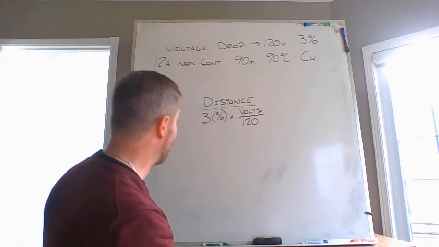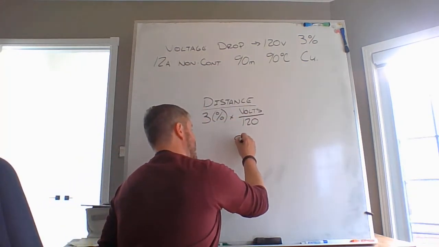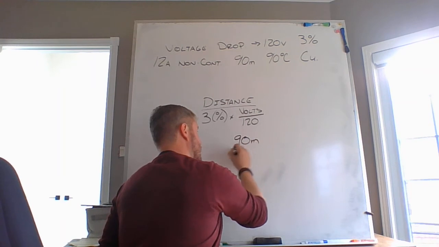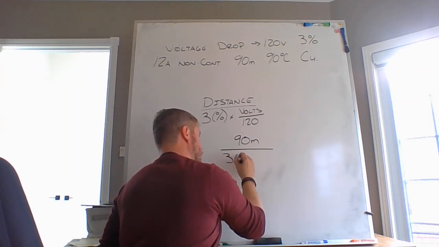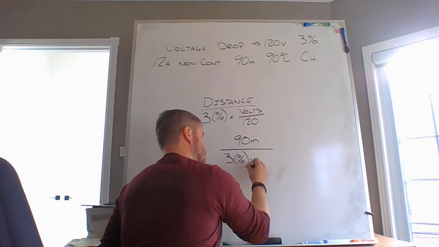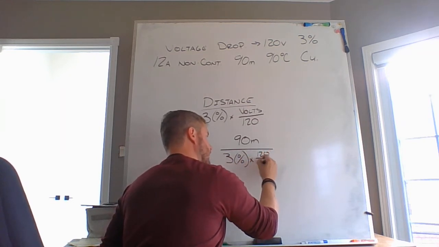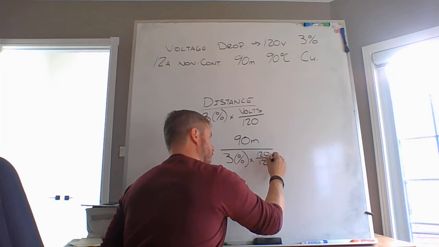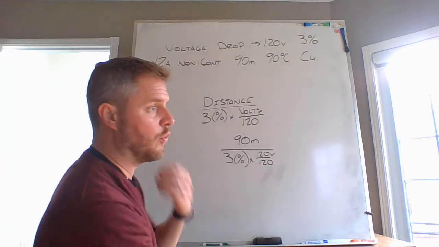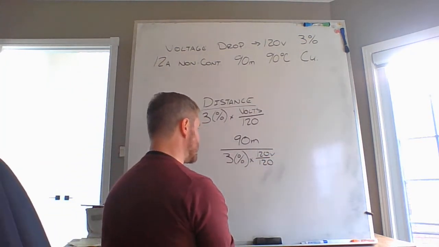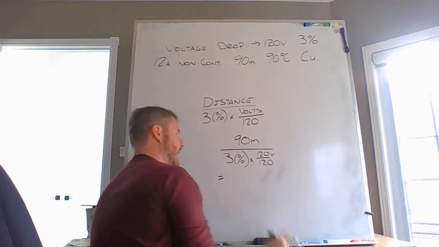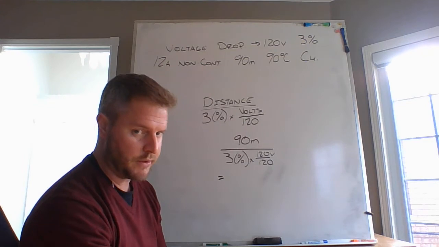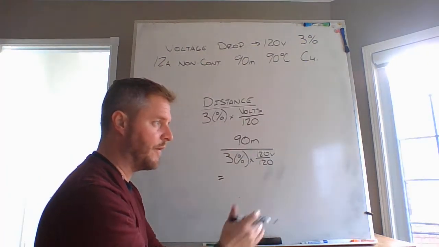So at that point in time, I'm looking at 90 meters divided by 3 expressed as a whole number representing the percentage, times 120 volts divided by my nominal 120. Realistically, 90 divided by 3 is going to give me some sort of approximate value.